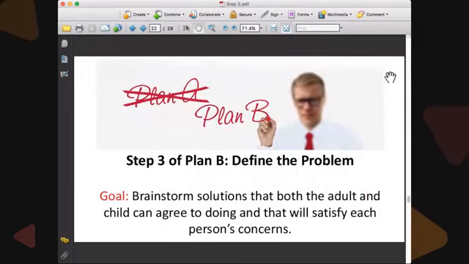So step 3, and I've got this up here to find the problem. I need to change that. It's step 3 is the invitation. And this is the invitation to brainstorm some solutions. So we're finally getting to some solutions here. And what's really important is that the solutions have to be something that you can live with as an adult and something that the child can live with.